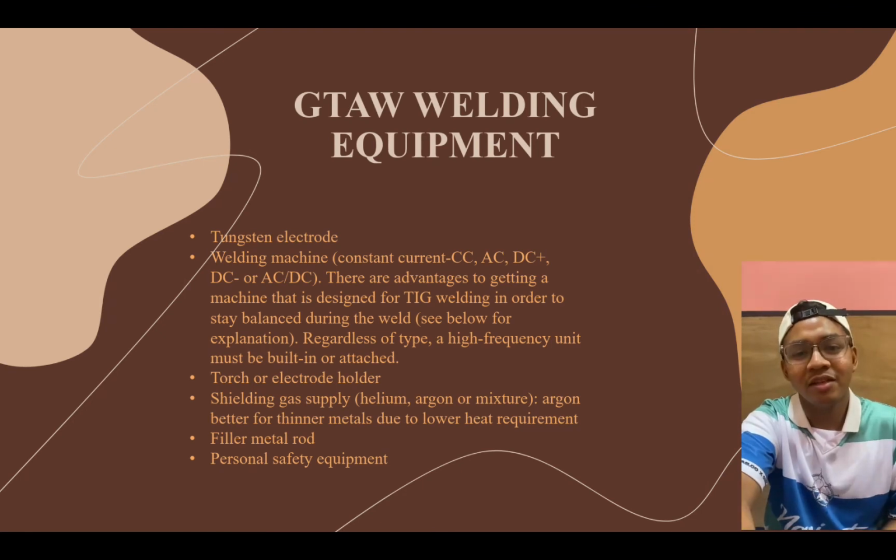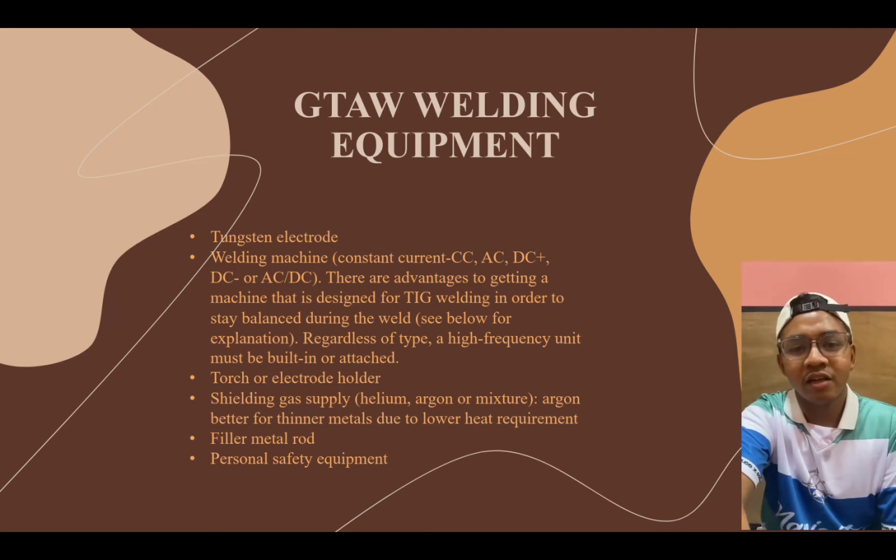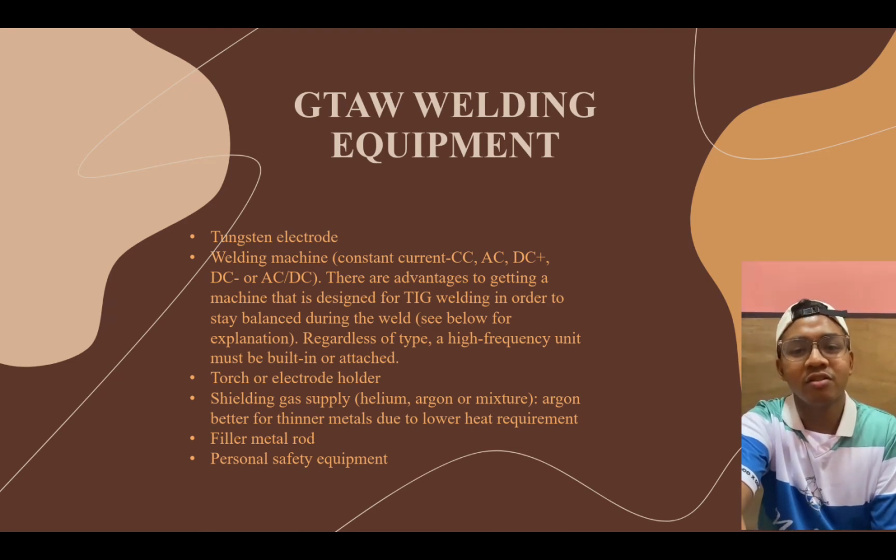So these are the basic TIG equipment components included. We have 6 here. First, tungsten electrode. The second, welding machine. There are advantages of getting a machine that is designed for TIG welding in order to stay balanced during the weld.